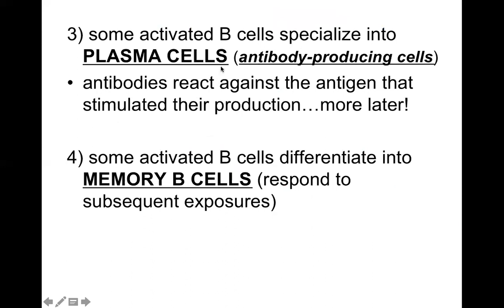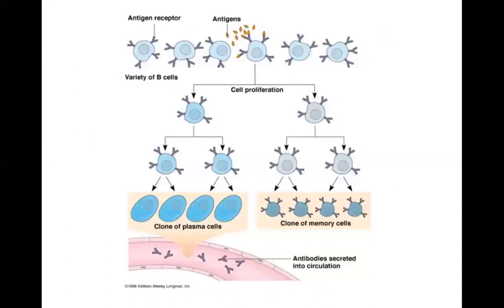Those plasma cells are what actually make the antibodies. It's not the B cell itself. So antibodies then can react against the antigen that stimulated their production in the first place. We'll talk a little bit today about antibody actions too. And then we said there's also memory B cells. They stand by for future infection.